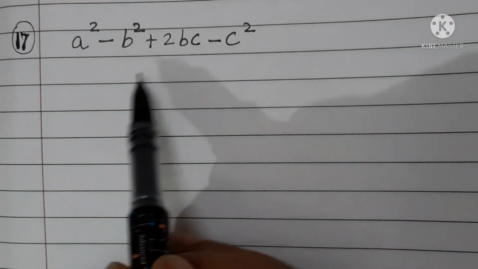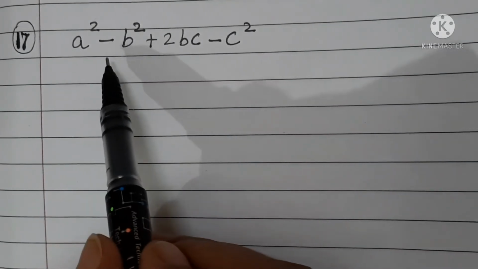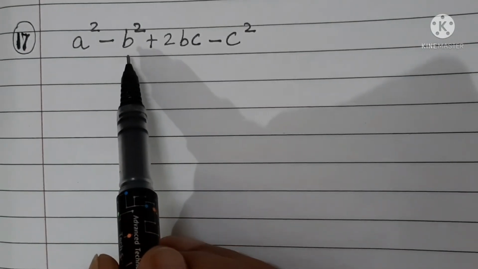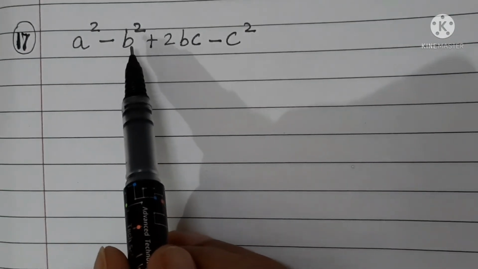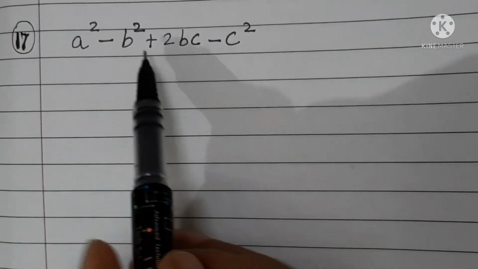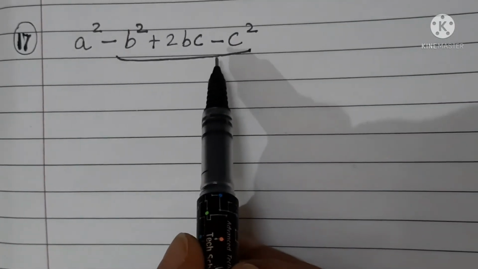See why I am saying this, and try to make it a whole square by taking the other terms. See these three terms, b², c² and 2bc. So you know what to do here.